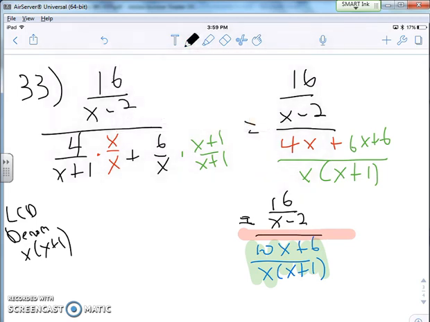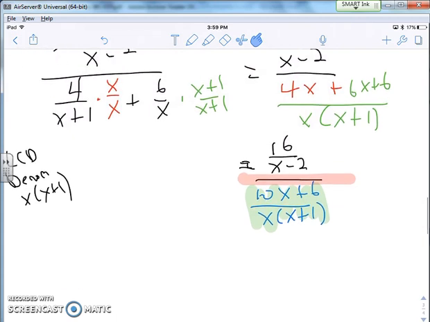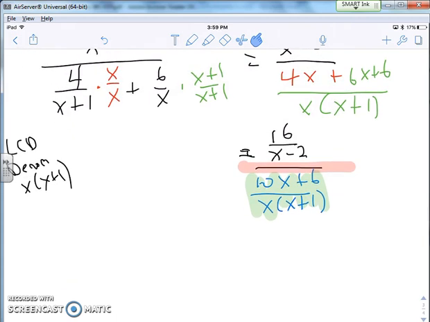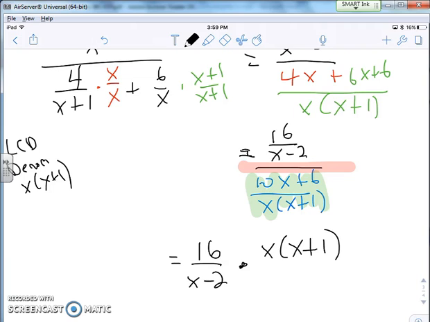So this will equal the numerator as it sits, 16 over x minus 2, times the flip of the bottom, x times x plus 1, all over, I'm going to go ahead and take out that 2. So that 10x plus 6 becomes 2 times the quantity 5x plus 3.